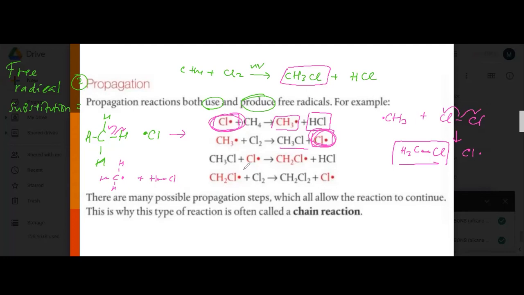Let's say the Cl free radical again attacks the CH3Cl, since it still has hydrogens, to form the CH2Cl radical.